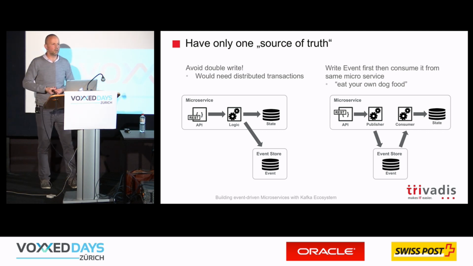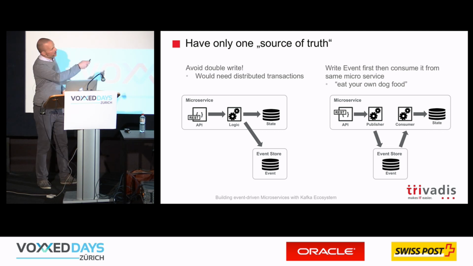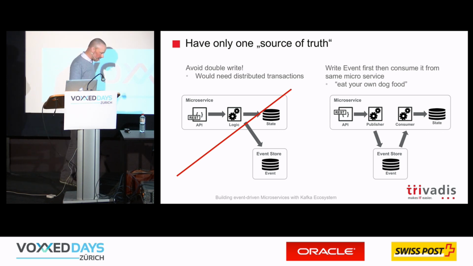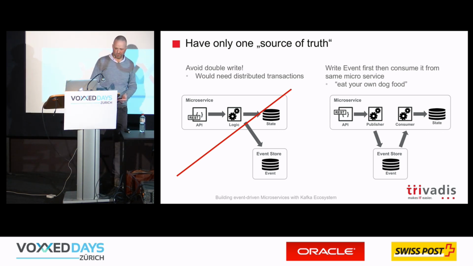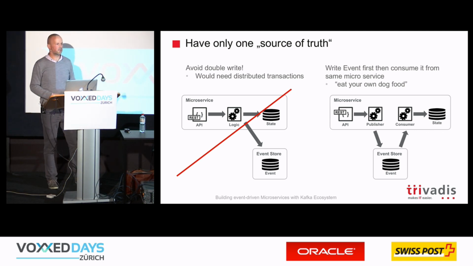So there's no way to combine these two writes in one single transaction. So if you do it this way on the left side, which I wouldn't suggest, then you might have that the first write has been successful, but you can't do the second write, and now you have a problem, of course, and you cannot roll back.